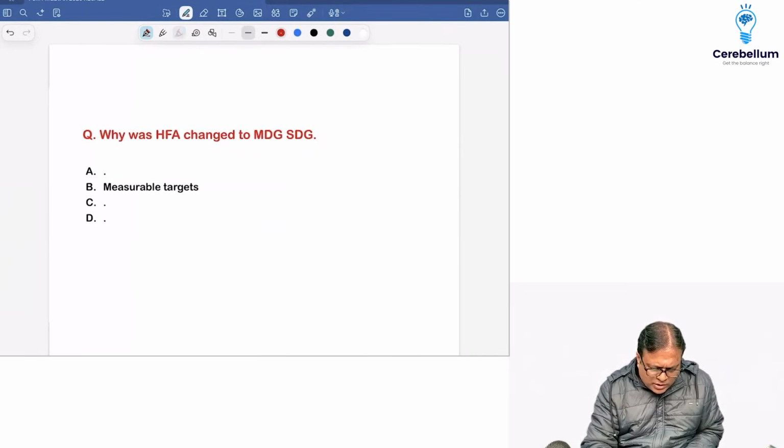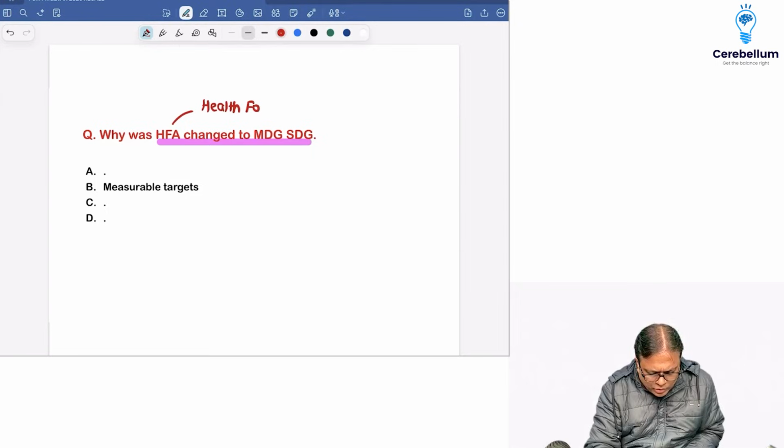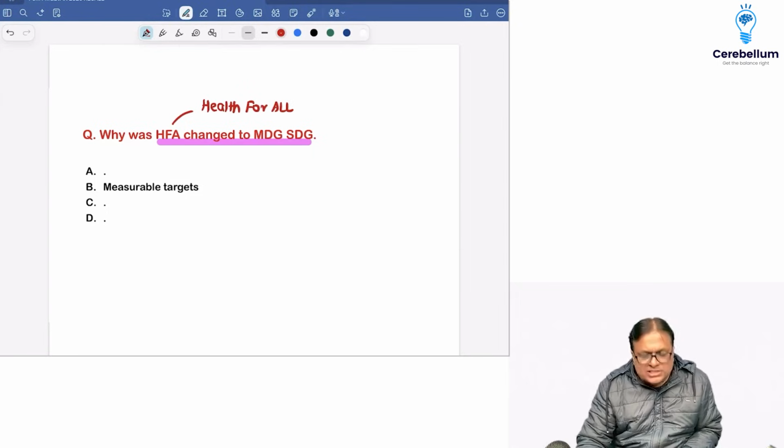Was there a question on why health for all has changed to Millennium Development Goal and Sustainable Development Goal? Making a plan will also remain the same, Doctor. Yes, the first step is to make a plan, absolutely.